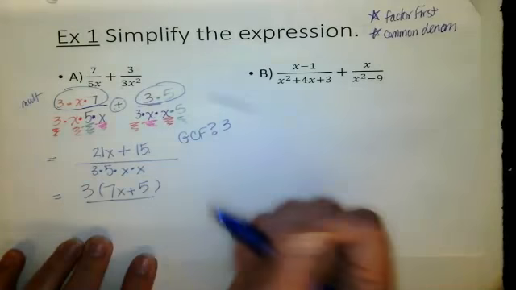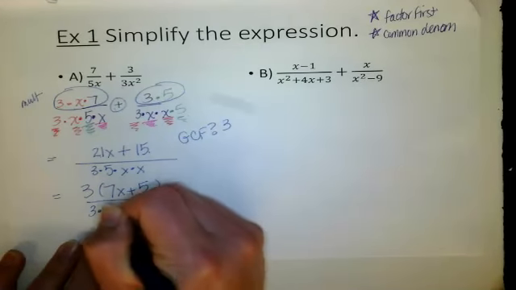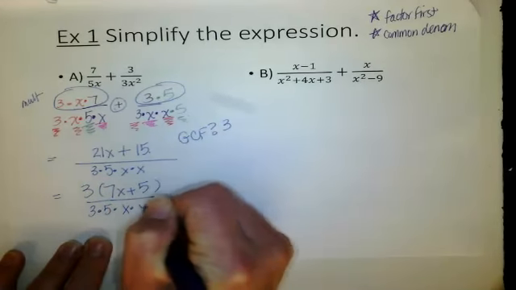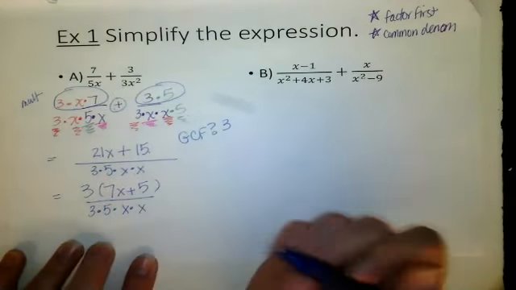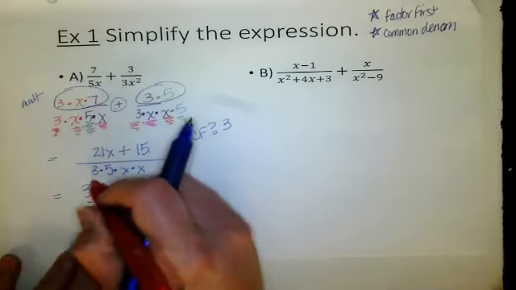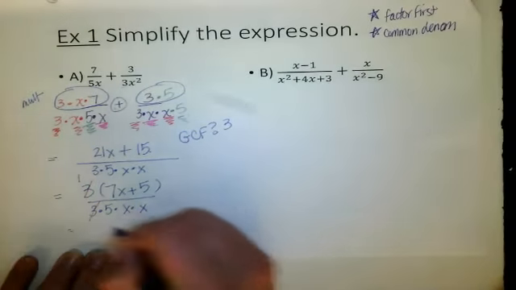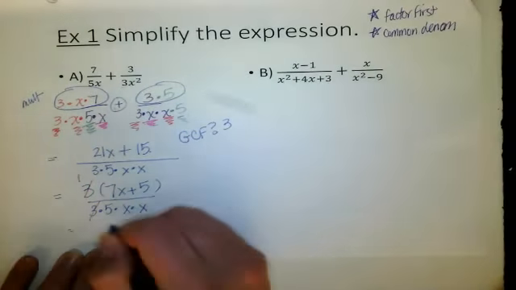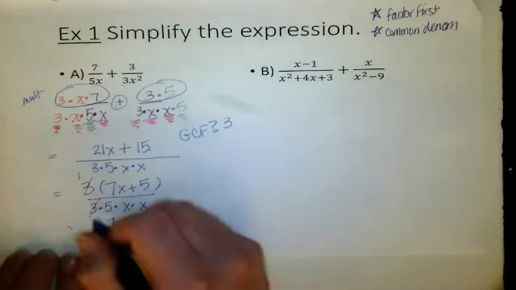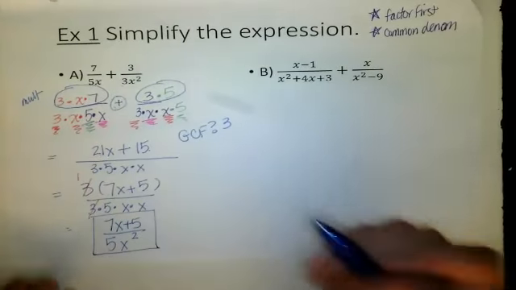And now my denominator, you'll notice I have the 3 times the 5 times the x times the x. Does something reduce? The 3's, absolutely. I have a 3 on top and a 3 on the bottom. 3 goes into 3 one time. So I'm left with 7x plus 5 over 5x squared. And this is the final reduced answer.